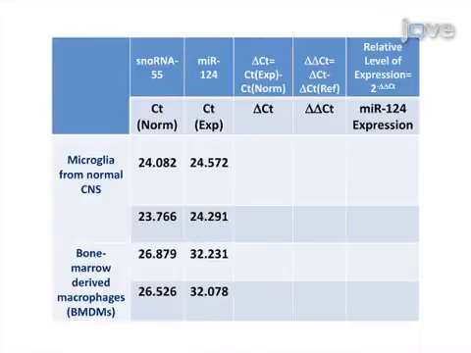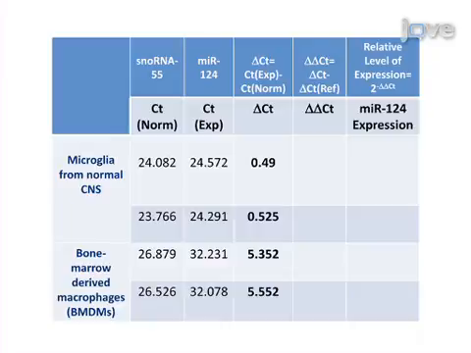After determining the CT values for each of the samples, as for the SNORNA55 and miR-124 expression in microglia and BMDMs from normal and EAE mice shown in this table, subtract the CT value for the control SNORNA55 sample from the CT value for the experimental miR-124 sample to calculate the delta CT values for each duplicate of each sample.